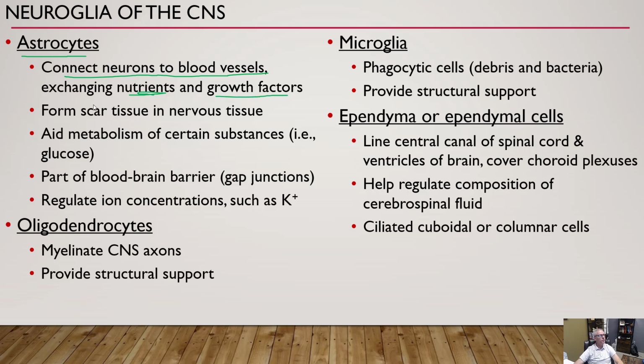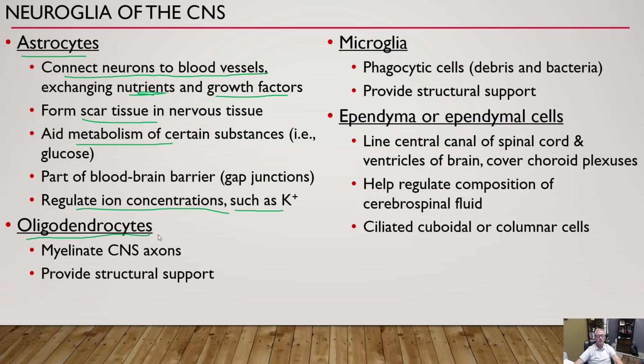Nutrients, growth factors, removing waste products, aid in metabolism, regulate ion concentrations. Look, it's linked up to the blood supply. And it also helps form scar tissue in that nervous system. We talked about multiple sclerosis. So that would probably be a part of the astrocytes, because remember, multiple sclerosis is a central nervous system disease.